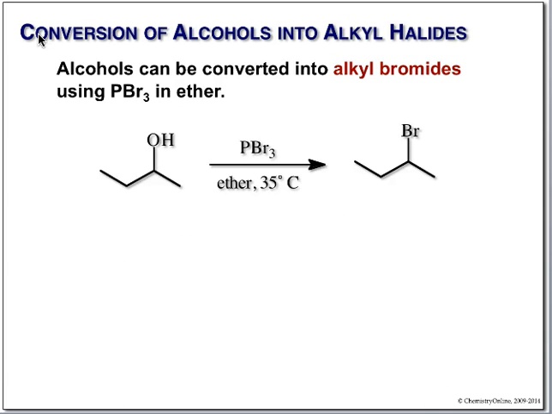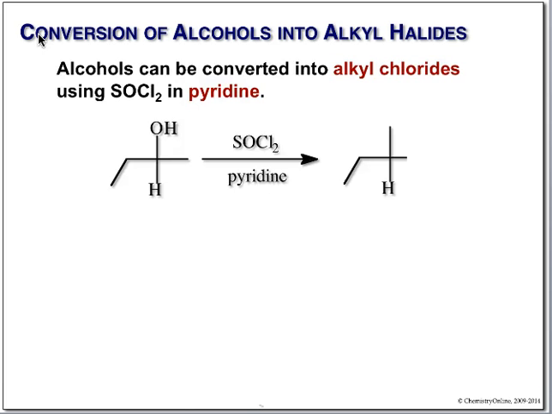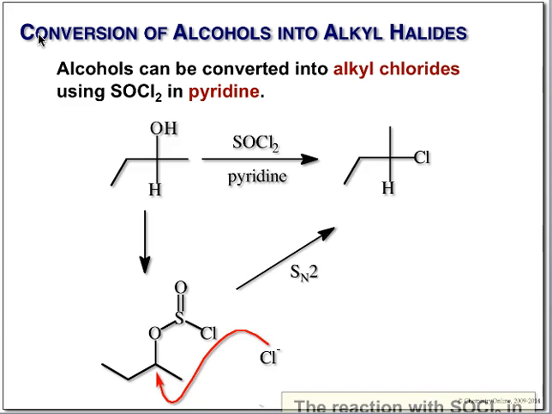Conversion to alkyl halides, PBr3. What do we remember? We remember that we have a phosphite ester, that this is an SN2 displacement, and therefore it goes with inversion of stereochemistry. That's what we remember when we see this reaction. We also know we can do this with thionyl chloride. In pyridine, we will get a chlorosulfite ester. Same thing. Chloride attacks, this leaves, SN2 process with inversion.